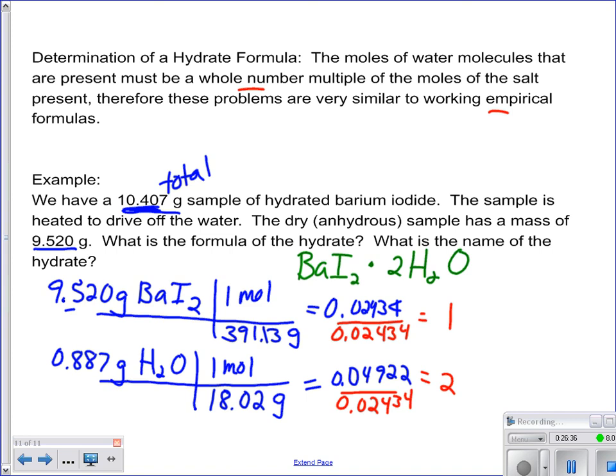How would you name it? You got it. Okay. Barium iodide. I can't spell. Iodide dihydrate. Fabulous. That is it.